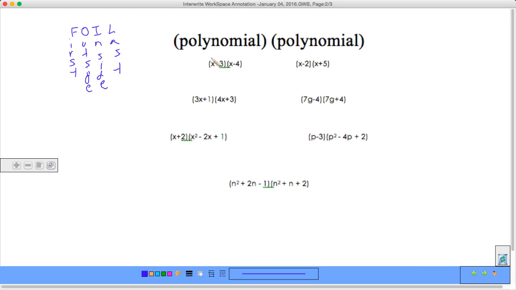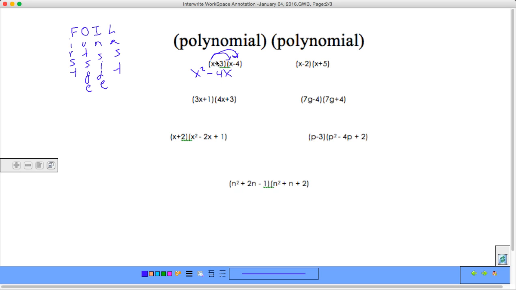So here I'd multiply the first. X times x is x squared. Then outside. So the outside of these parentheses would be the x, and then negative 4, which would be negative 4x.